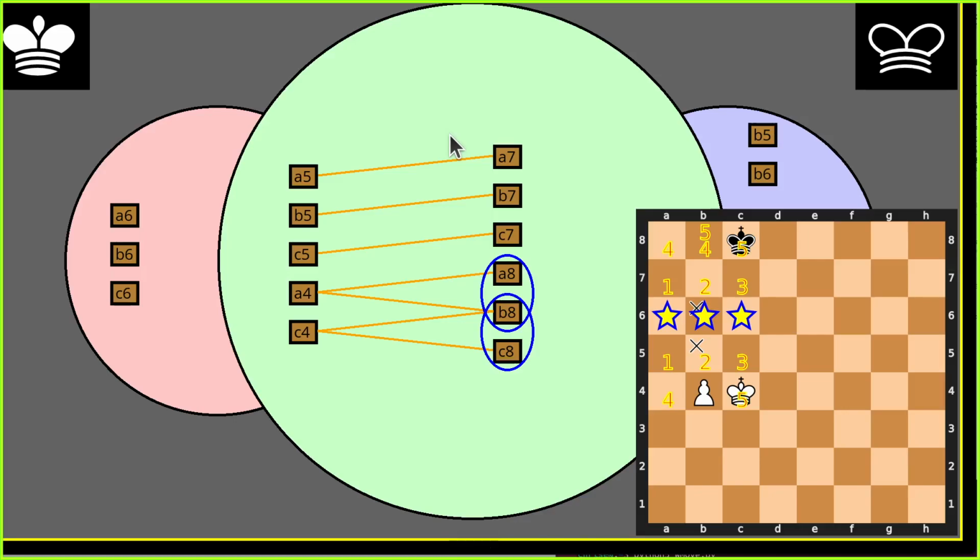You can see in the chart here that I've outlined what I explained, the corresponding squares, and this B8 square is a very useful square because it covers either of A4 or C4. And then you can see that in this visualization of the matching squares. A5 matches A7, B5, B7, C5, C7, and A4 is matched by those two, and C4 is matched by those two.